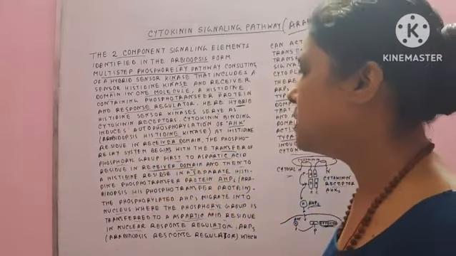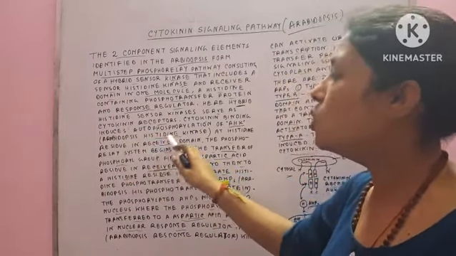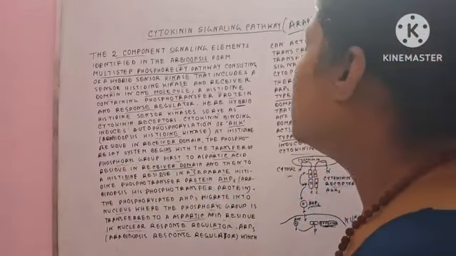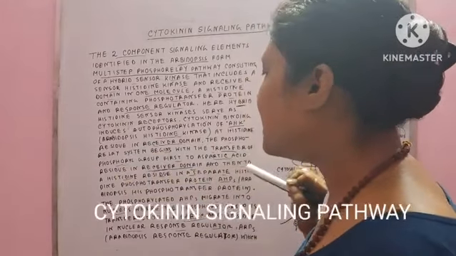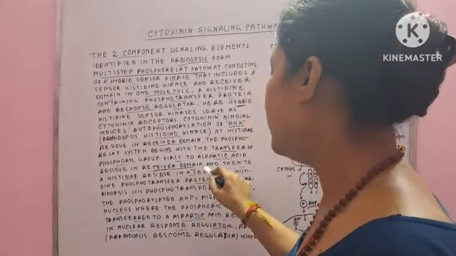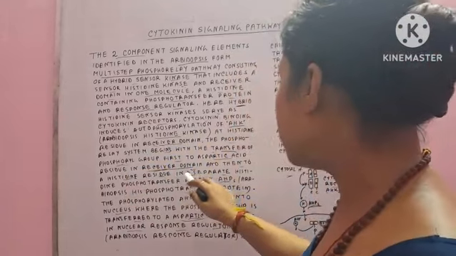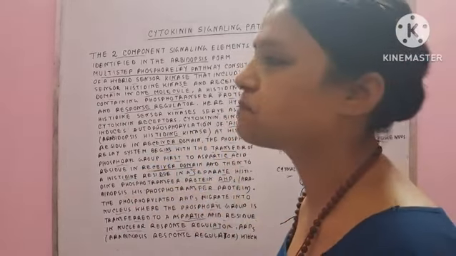Clear? This phosphoryl group is first transferred where? To the aspartic acid present in the receiver domain, and then to the histidine residue that is present in the histidine phosphotransfer protein.